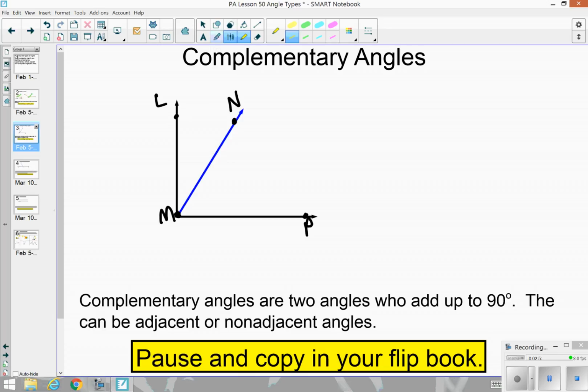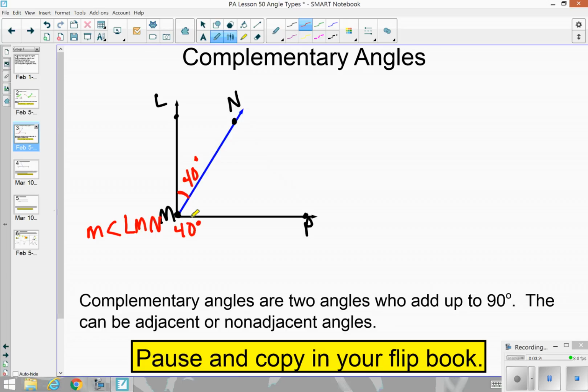So let's say that the measurement of this angle is 40 degrees. So we're going to use the notation m, the measure of angle LMN is 40 degrees.